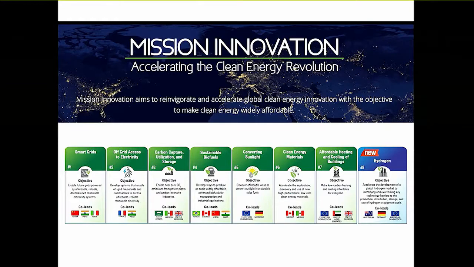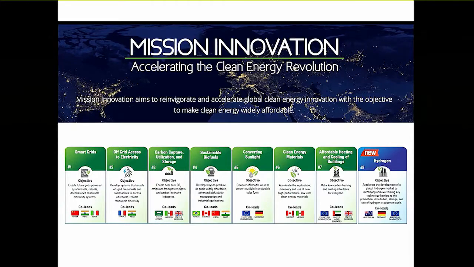So they came up with eight different areas for climate change, starting with seven, and the third one is carbon capture, utilization, and storage. The last one was added a year later, on hydrogen. When you look at all these areas, many of them are interconnected.